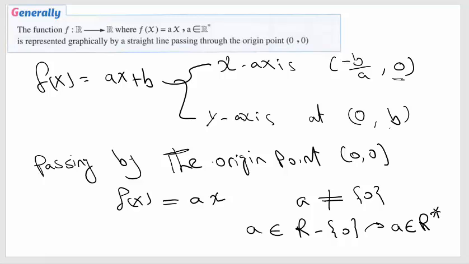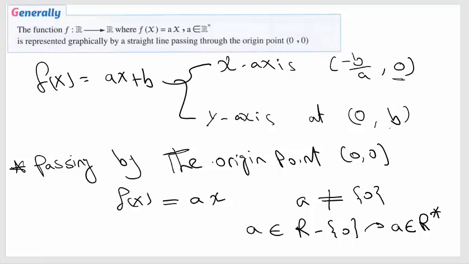So check with me again these 3 points. The first one, to get the intersection with the x-axis, it will be negative b over a and 0. To get the intersection with the y-axis, it will be 0 and b. If the straight line is passing by the origin point, then the function has no constant or absolute term, or in other words, b will be equal to 0.